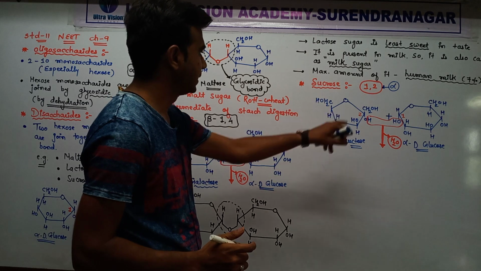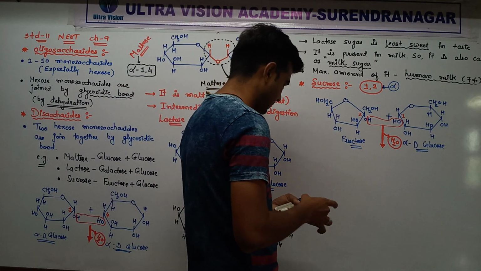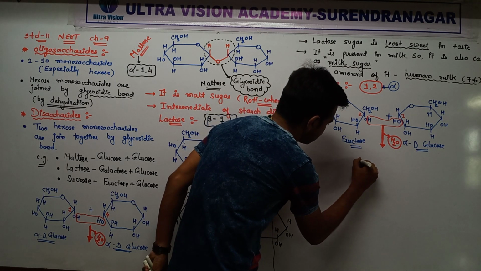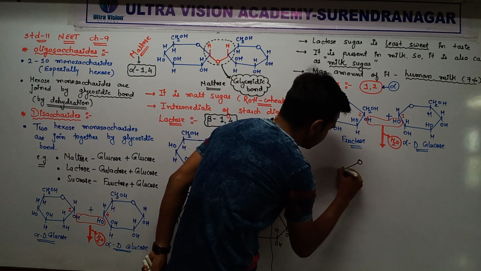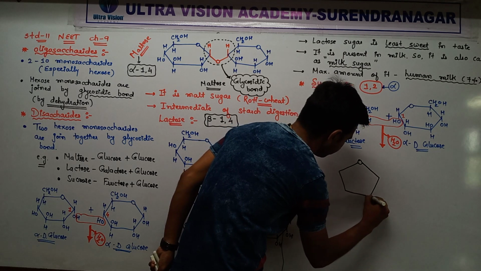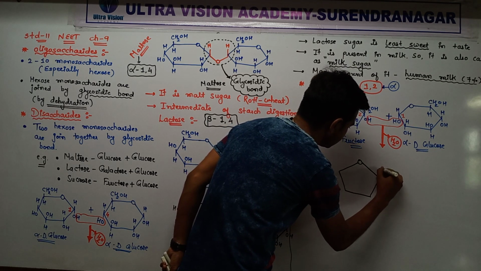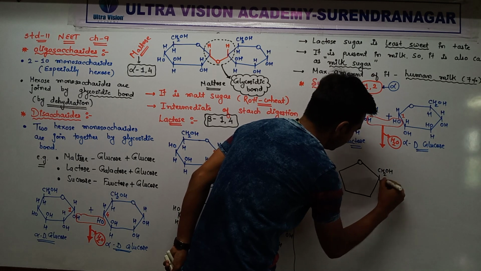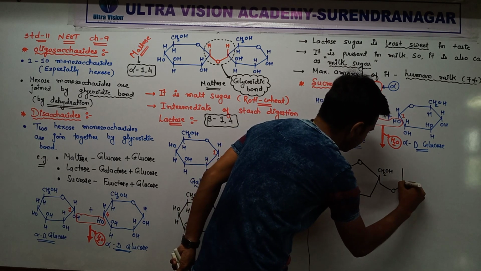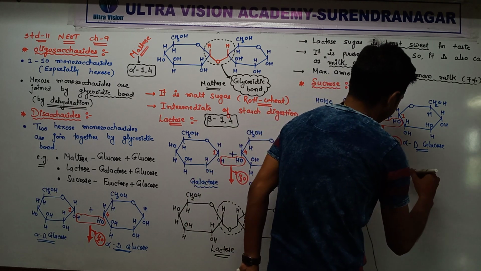Now how the sucrose molecule can be formed. So remaining cyclic structure we have to go here this way. So here CH2OH group is remain. And now here this is the glycosidic bond.